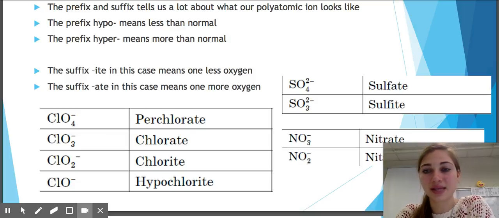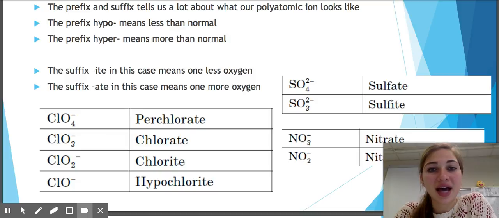So this means that we have one more oxygen present than we do in the ate format. So if we look at chlorate, that has 3 oxygens. So having one more than that is going to be our per. So having 4 oxygens in the chlorate form is going to be the per-ate format.